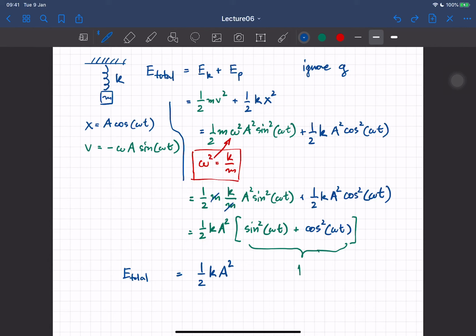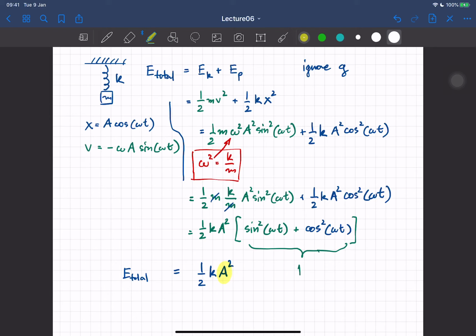This total energy is sometimes all in the kinetic part, sometimes all in the elastic potential energy part. You have this transfer of energy back and forth between the two, but when you add them together, they have to be the same, which is 1/2 k a squared. Different amplitudes of oscillation give you different energy.